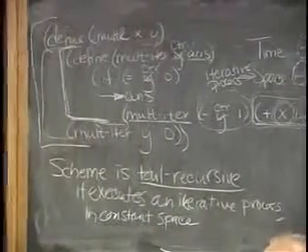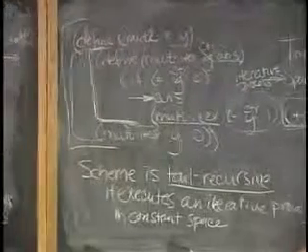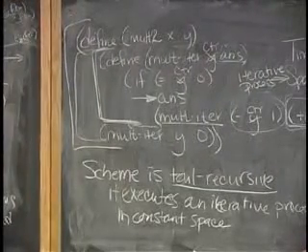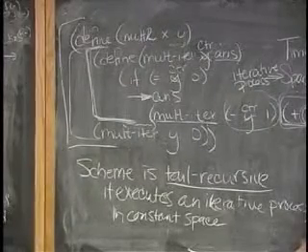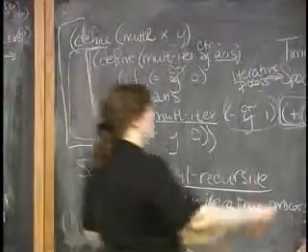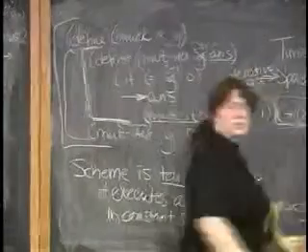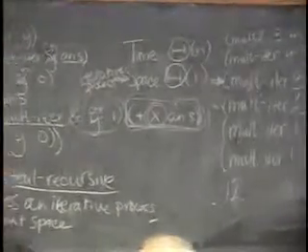Meaning that it doesn't keep stuff around from those calls. It doesn't build up stuff on the stack for every single procedure call. Once it's done with this procedure call, if there's nothing hanging around, it's gone. Unlike C or Pascal, where things stick around.